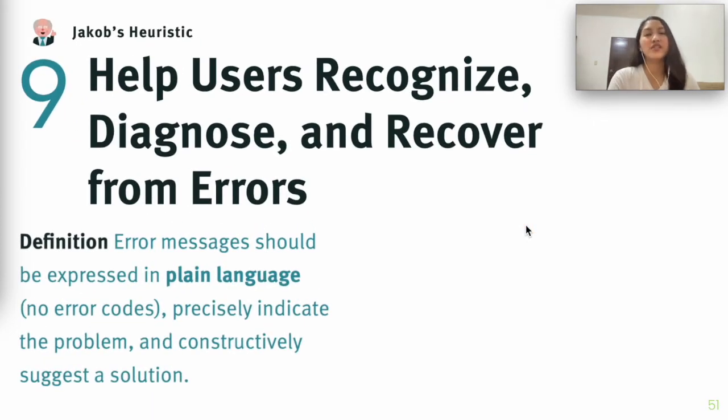Okay, so the ninth heuristic is help users recognize, diagnose, and recover from errors. So error messages should be expressed in plain language. No error codes. Precisely indicate the problem and constructively suggest a solution.